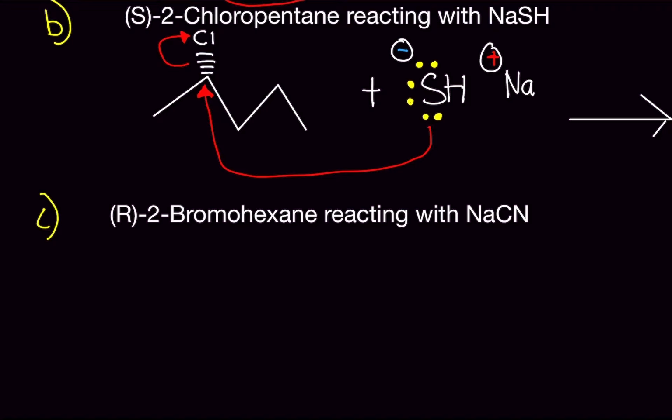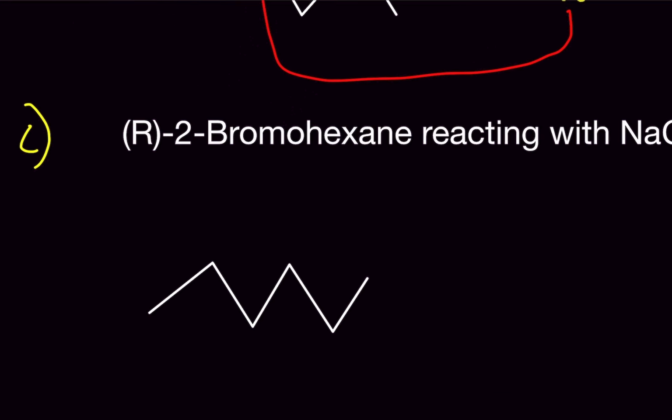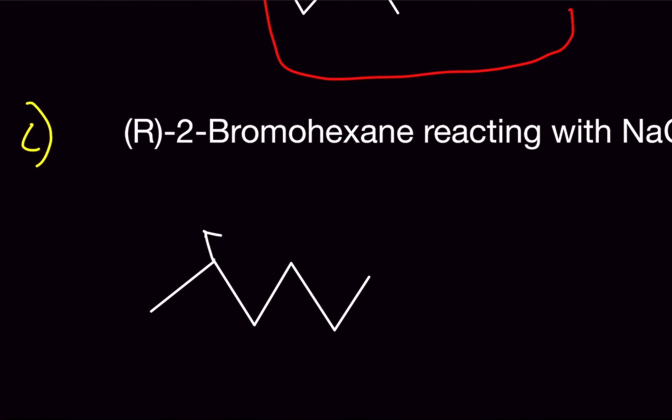Let's draw it in. 2, 3, 4, 5, 6. And then this is R, so this is going to be on a wedge. Okay.